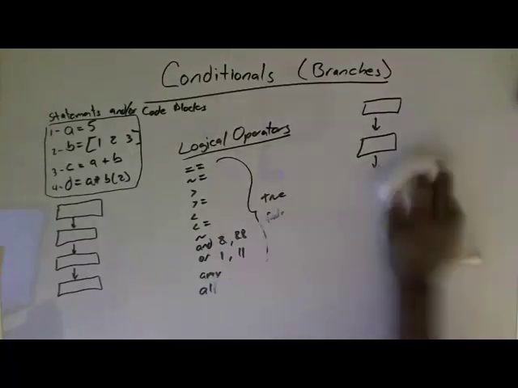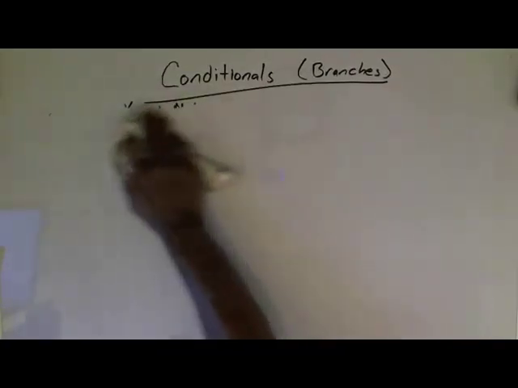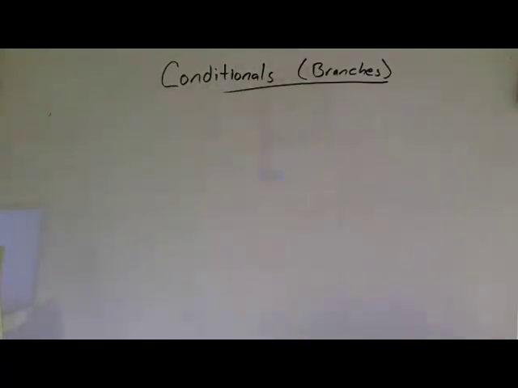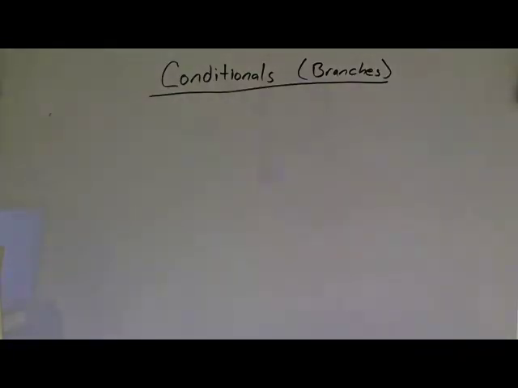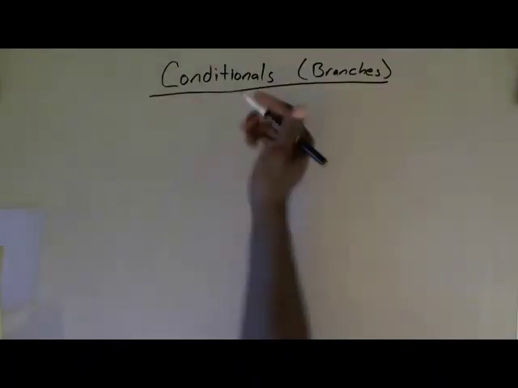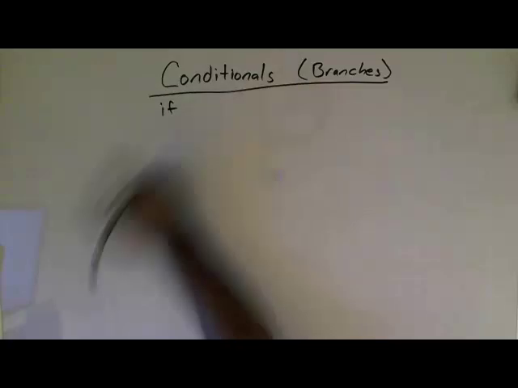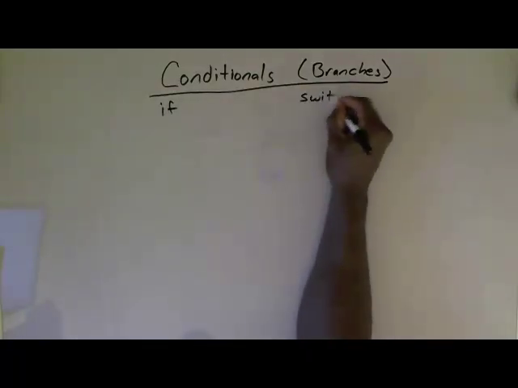Now let's go a little bit deeper here. It manifests itself in a couple of ways. Let's look at the basic. Conditionals manifest themselves in the form of an if statement and the form of a switch statement.